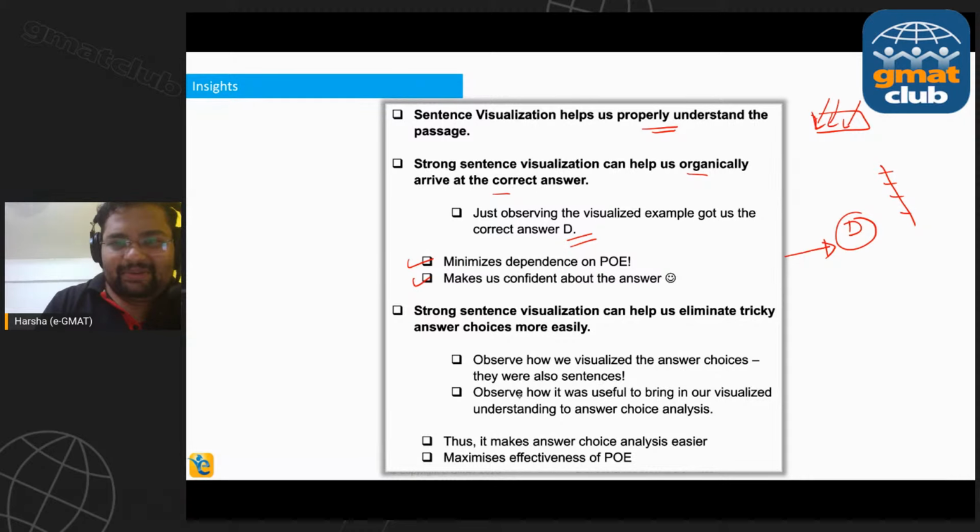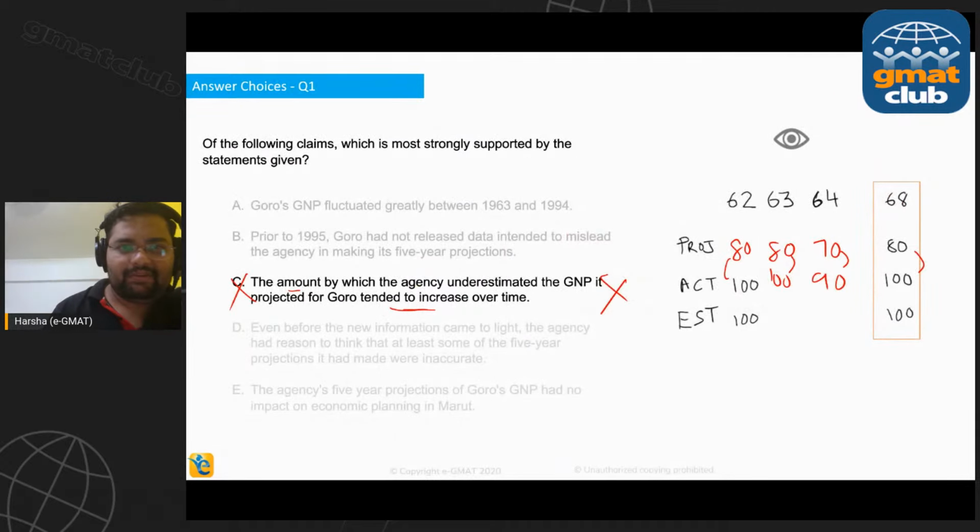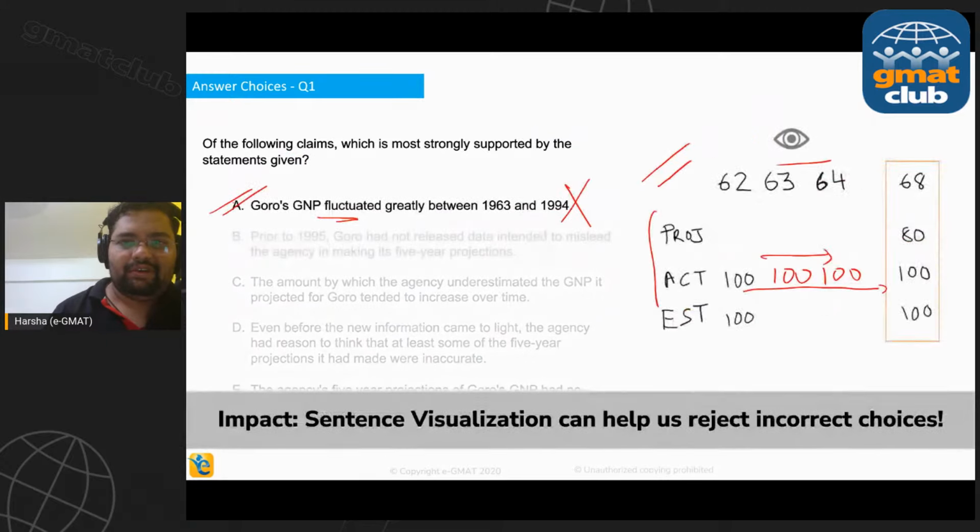Now let's talk about strong sentence visualization helping you eliminate the tricky answer choices. I used this understanding to eliminate options C and A, this exact same visualization, and then just thinking on the basis of that, right? Vinay says the question asks us to strengthen the claims. Vinay, go back to the question, which is: more strongly supported by the statements given. It's not asking you to strengthen. There is no claim or conclusion given in the argument.